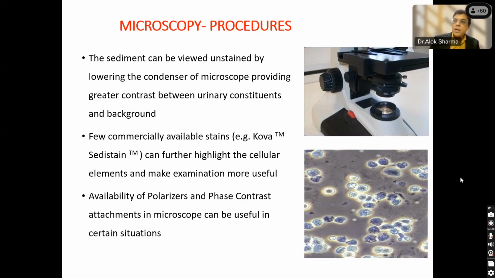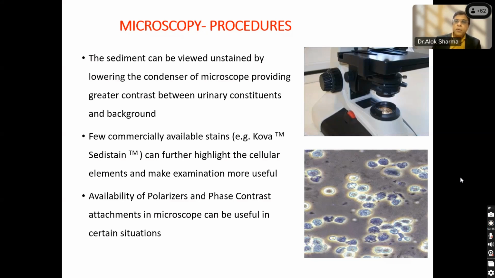If you want to go into details or identify specific subtypes, a lot of staining techniques are available. Commercially available stains and other stains are also on the market, and you can prepare them in your lab too. They can be specific to cellular constituents. We'll come to that as we progress in this lecture.